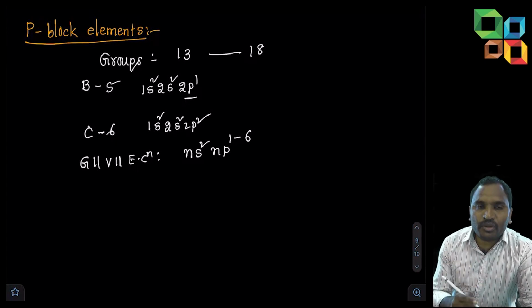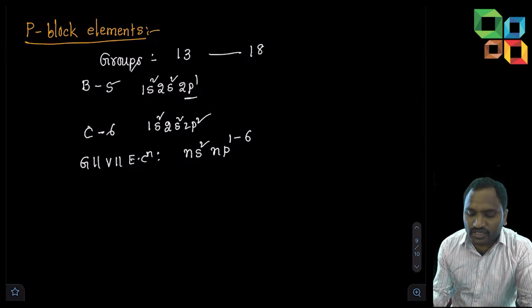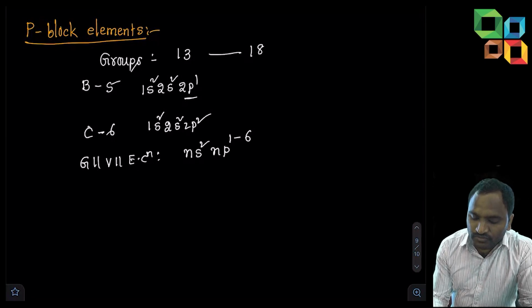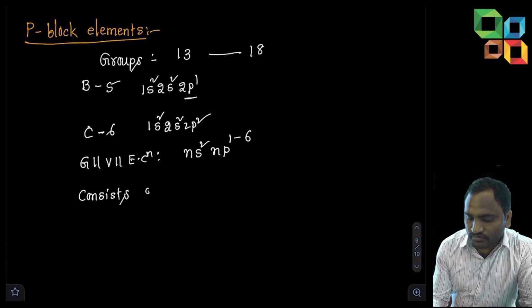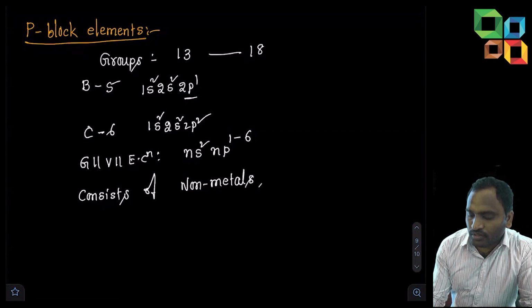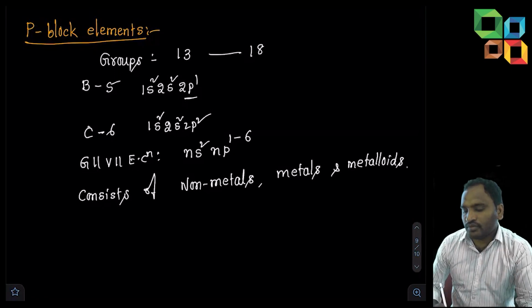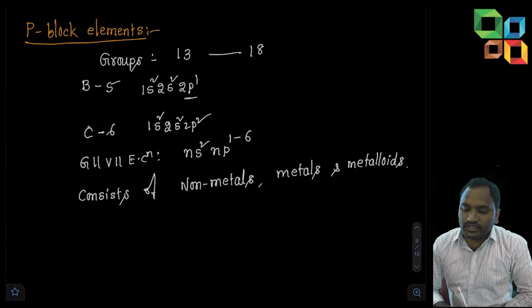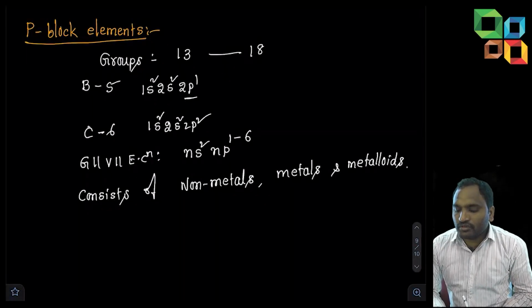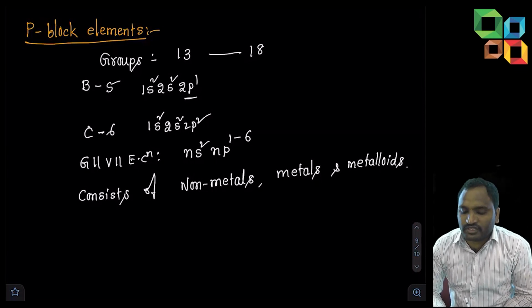This block consists of metals, non-metals, and metalloids also: mostly non-metals, a few metals, and a few metalloids. S block elements are only metals, while P block elements consist of all types of elements.